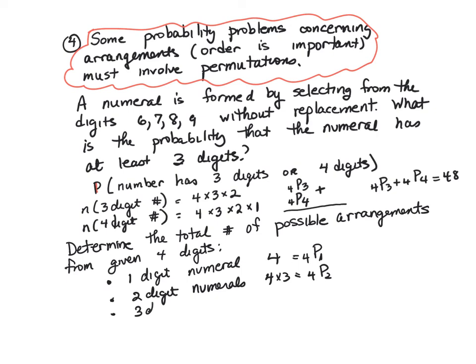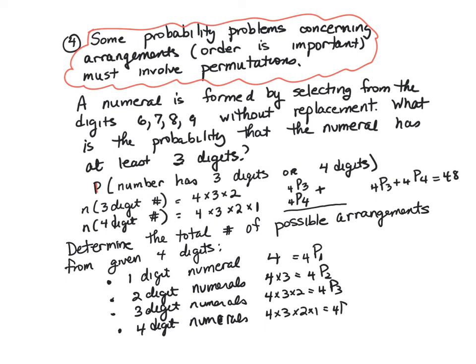3-digit numerals, which we already said was 4 times 3 times 2, which is 4P3, and 4-digit numerals, which is 4 times 3 times 2 times 1, which is 4P4.